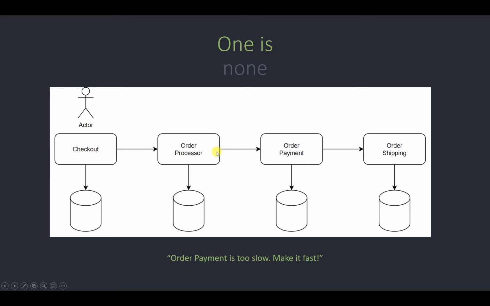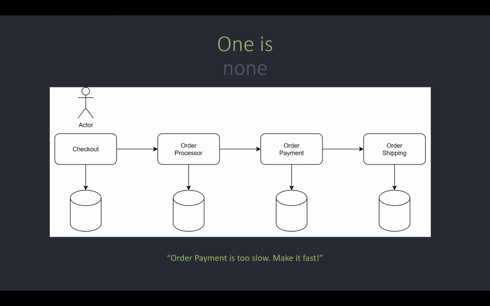The order processor then delegates out to a payment system, and then the payment system delegates out to a shipping system until eventually the customer has completed the order and shipping of a particular product is going on, and all this information goes back to the customer, and the spinner on the dial has finished spinning, and the browser refreshes and says, "Congratulations, you have just bought a PlayStation 5," and everyone's happy.